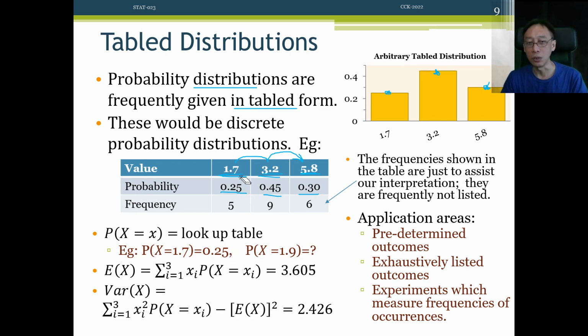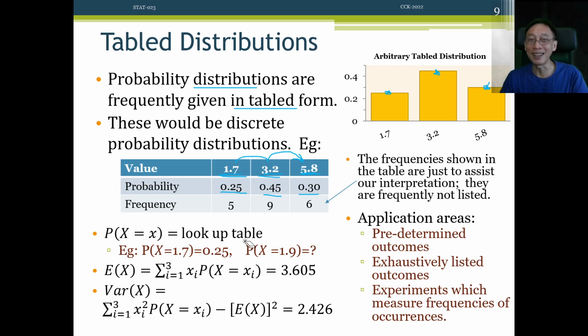Well, that's 0.25 plus 0.45, so that's 0.7. What's the probability of 1.9? We try to look it up, it's not there, so 0. It is not 0.25. But what is the CDF of 1.9? Then yes, 0.25.